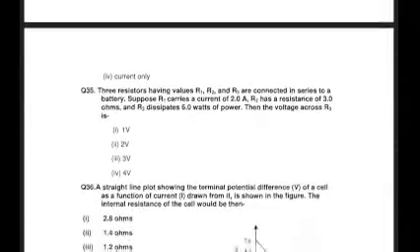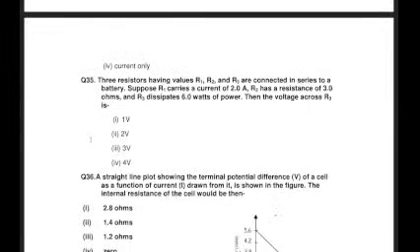Question number 35. Three resistors having values R1, R2 and R3 are connected in series to a battery.